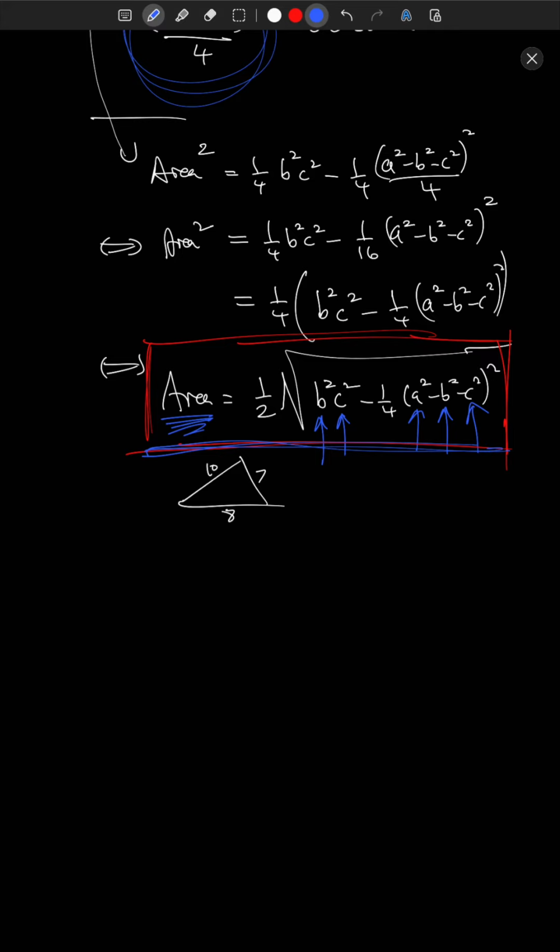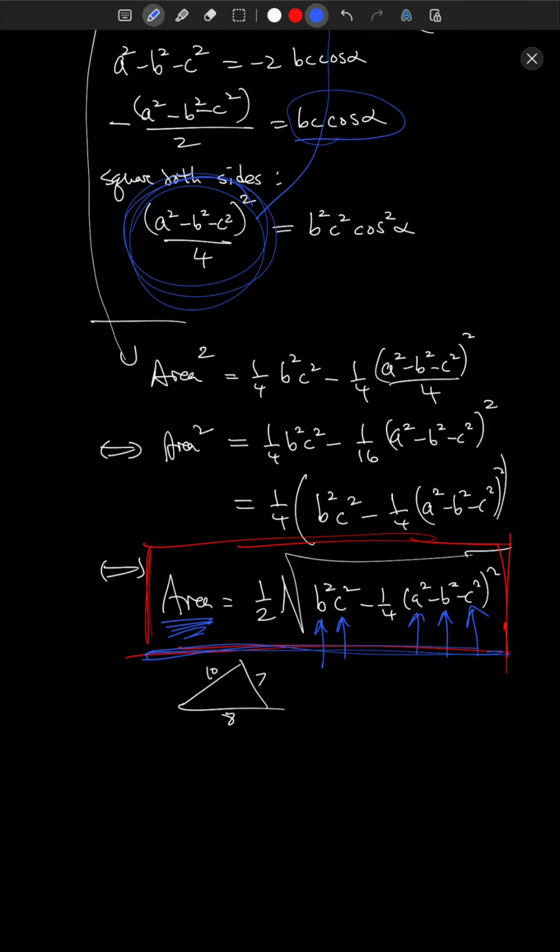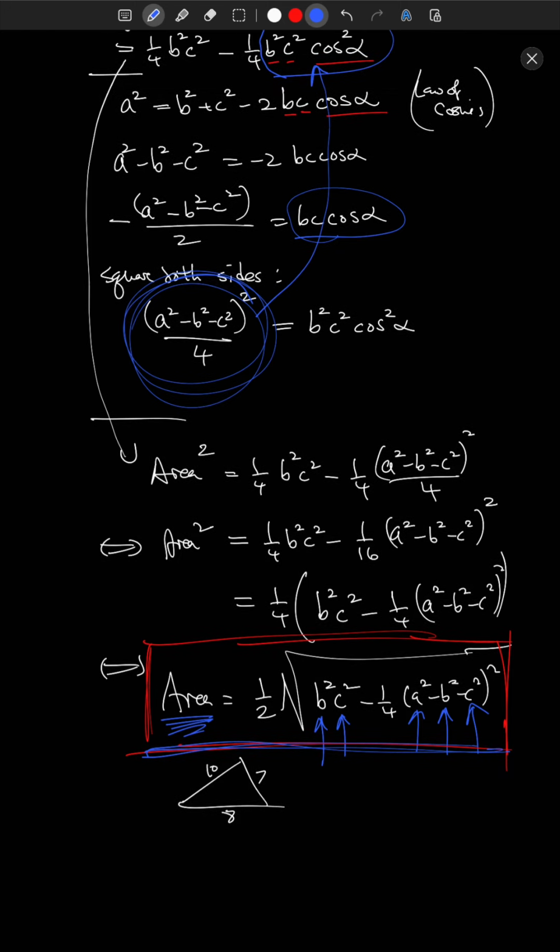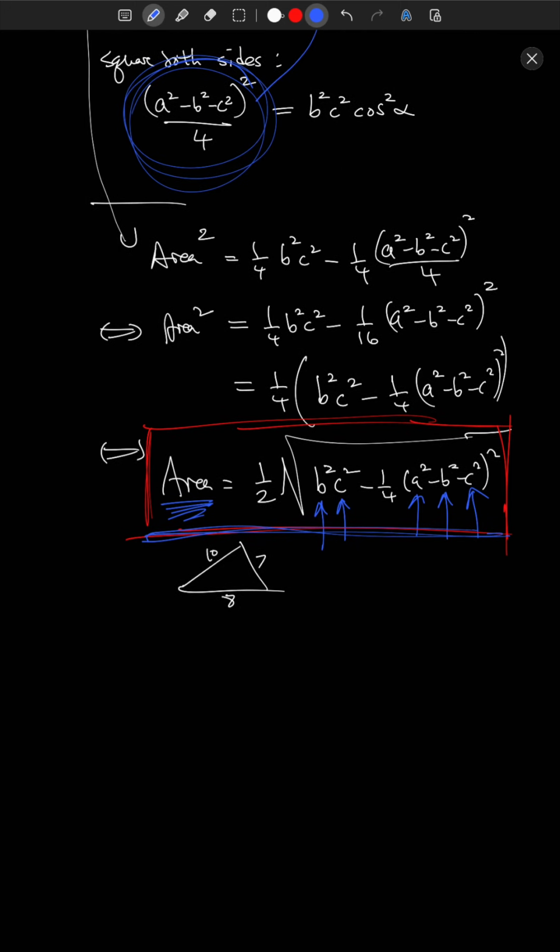But I think it's a good idea to do this calculation using the other two formulas for the area in terms of the angle and two sides.